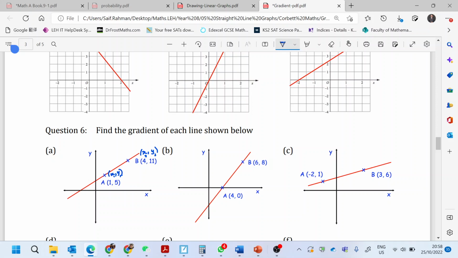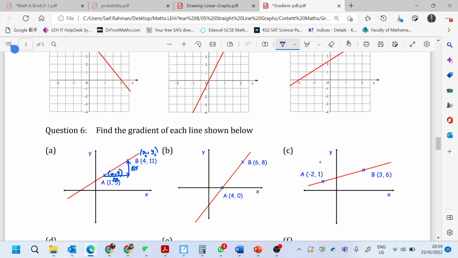When two coordinates are given, how can you find the gradient of a line? There is a formula. The gradient is basically how much the line changes on the y-axis divided by how much it changes on the x-axis.